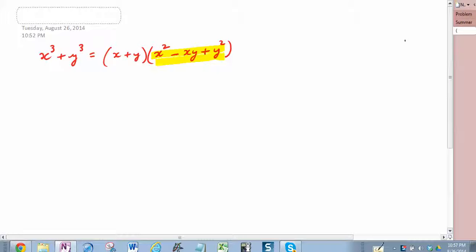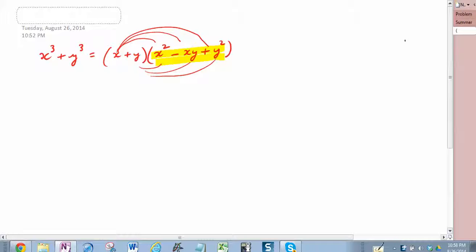Okay, so how could I check this result if I so wished? Well, it would be pretty easy to check it. All I would need to do is take x, multiply all the terms in the second parentheses by x, and then plus, multiply y times all the terms in the second parentheses.